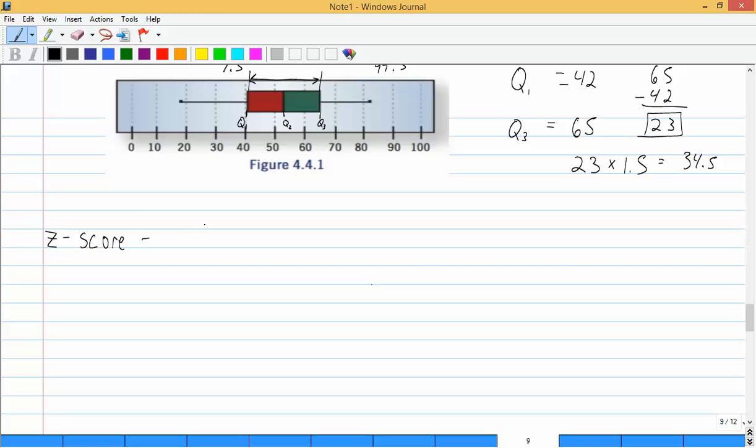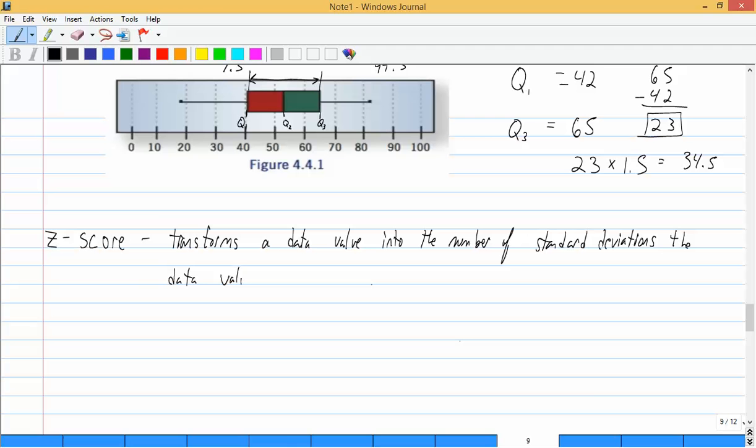So the Z-score transforms a data value into the number of standard deviations the data value is from the mean.